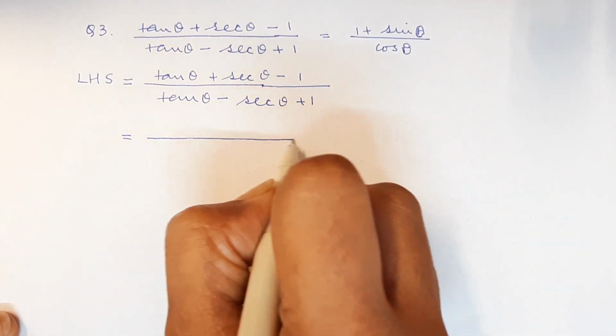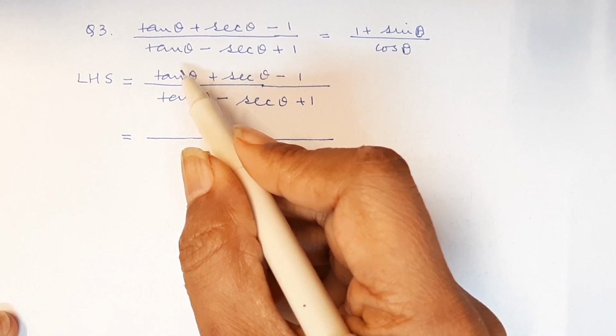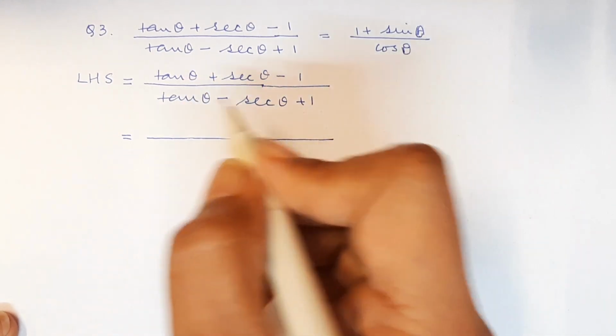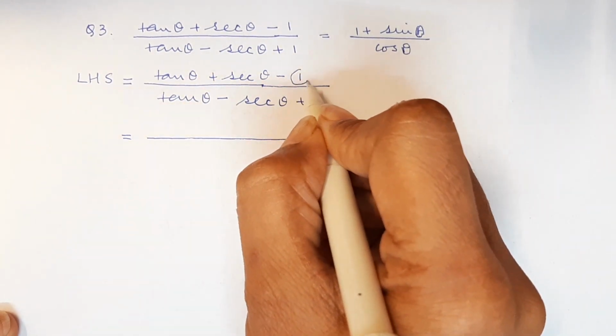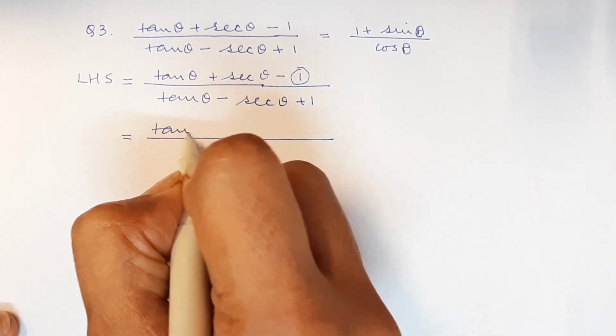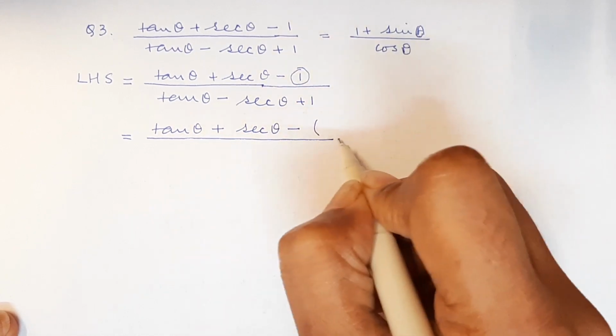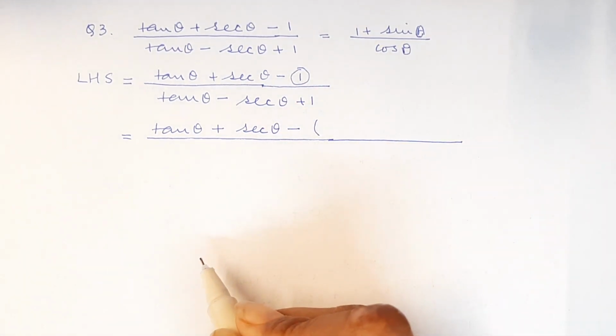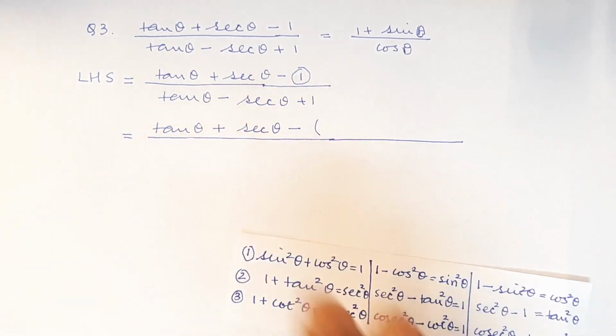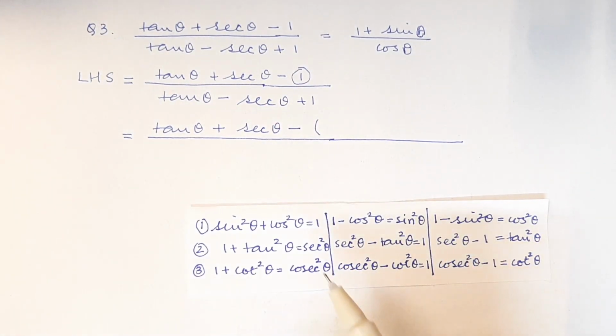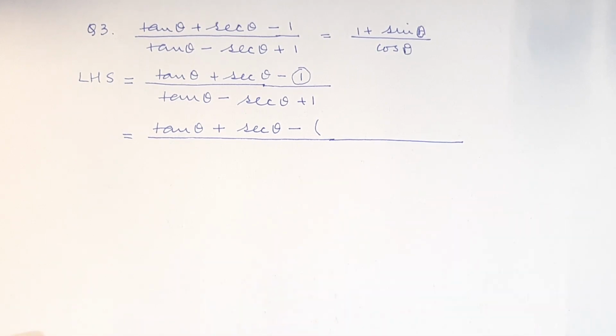And what I am going to do is, without converting this into sine theta upon cos theta, I am just going to look at this one and tan theta plus sec theta minus, I'm going to substitute the value of 1, as you can see out here. 1 plus tan square theta is equal to sec square theta, and so sec square theta minus tan square theta is equal to 1. So in place of 1 we write sec square theta minus tan square theta.